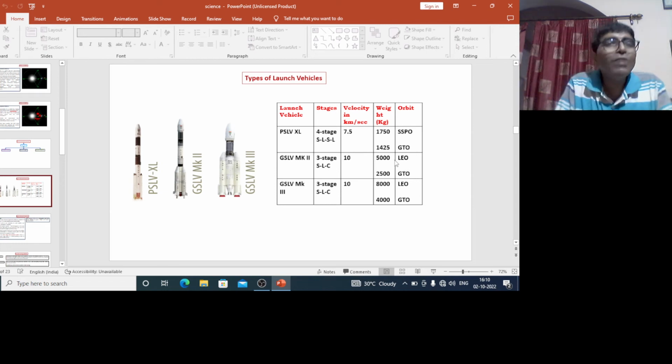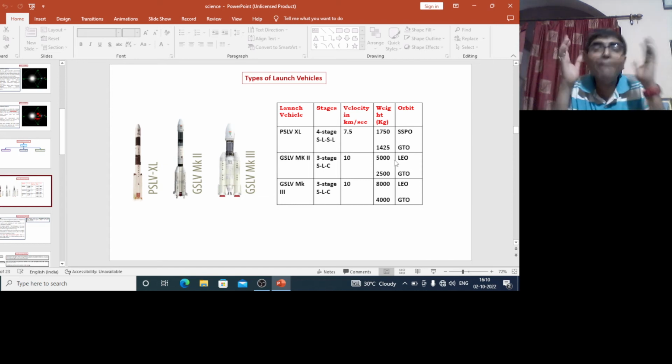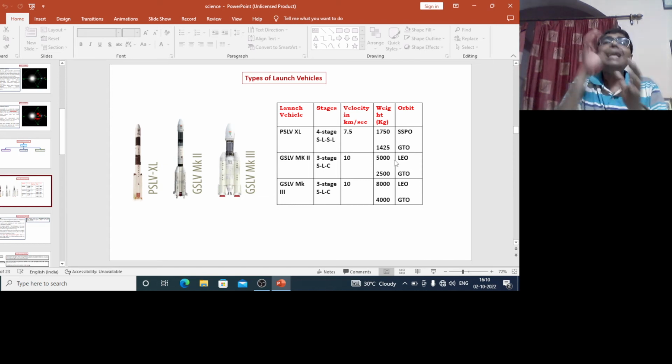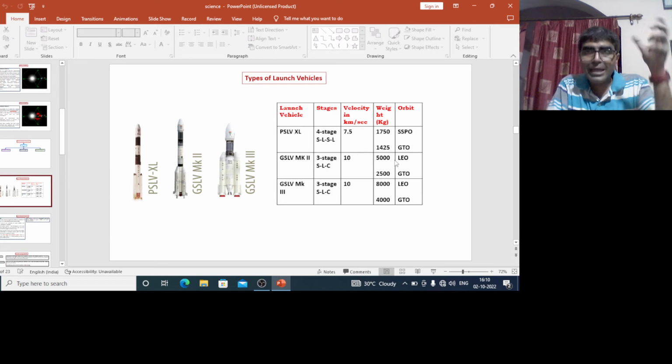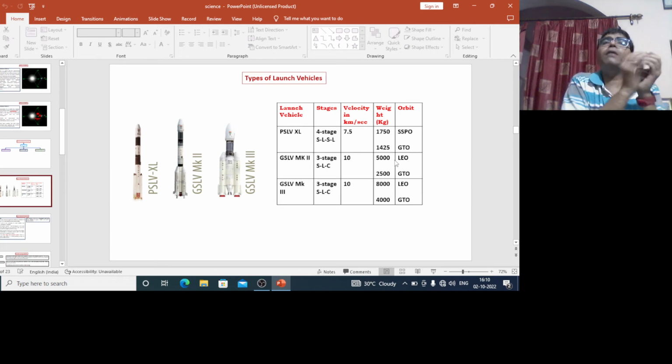Now you were asking what the payload is. Payload means when you are having any astronomical mission, there are some payloads like cameras, or any type of satellites which we carry for the mission.